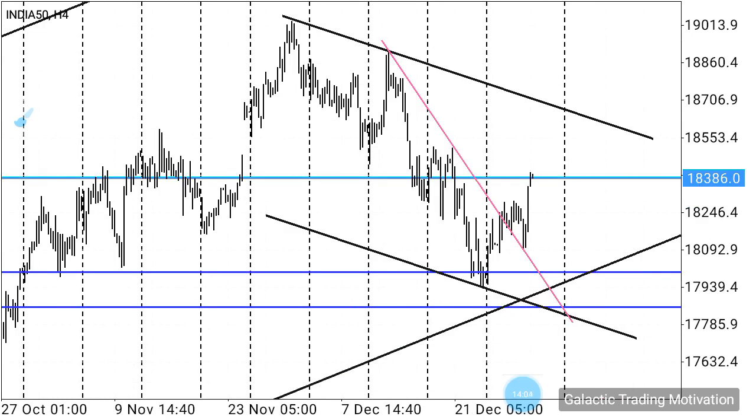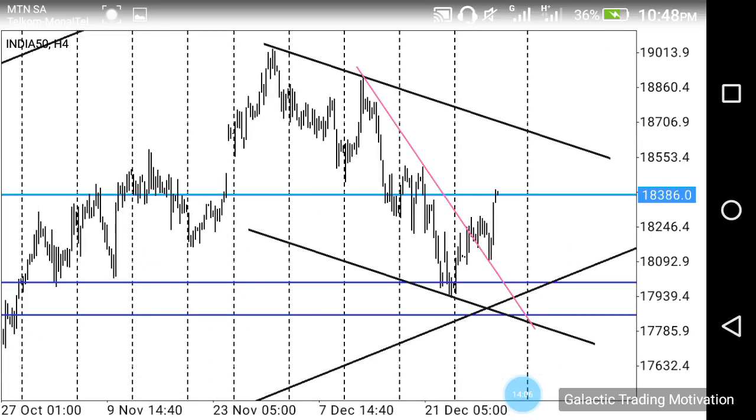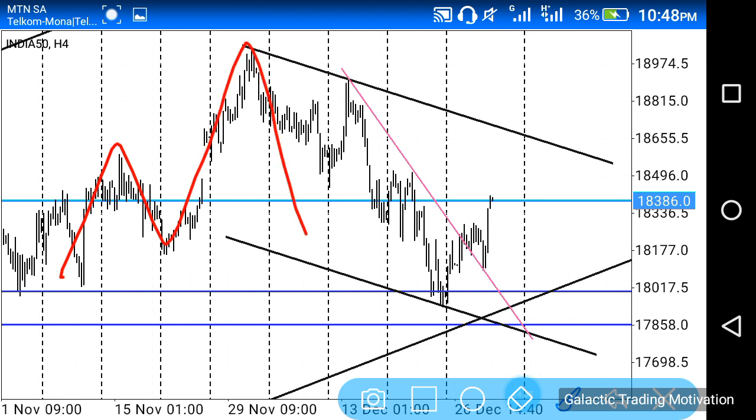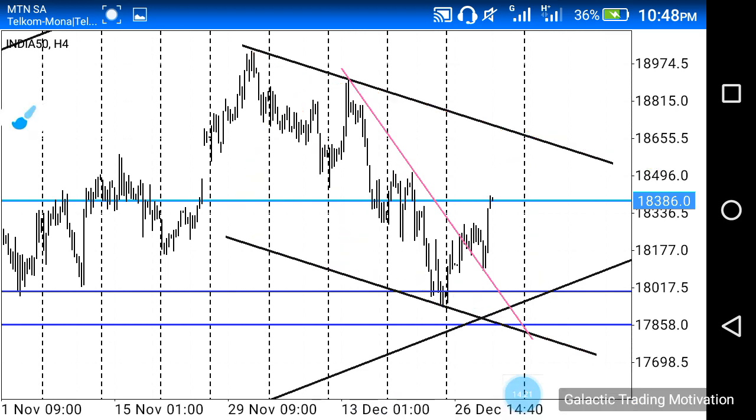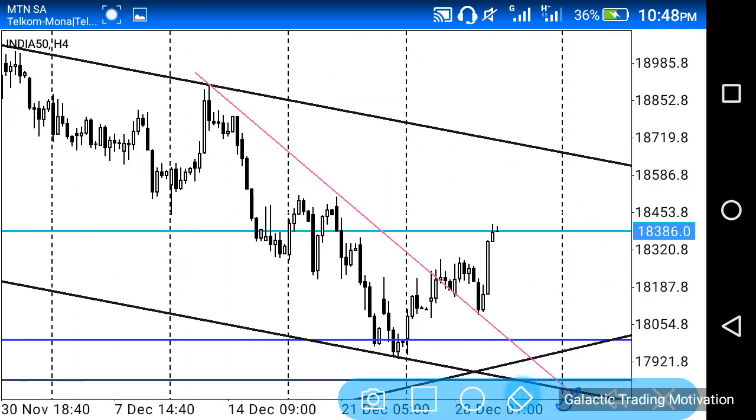So guys, just to recap, remember I said we have this pattern over here, which is a head and shoulders pattern, which has a neckline at that point, right? And I also said that in regards to the H4 chart, we can see that it's in a downward trajectory, right? However, I also spoke about the fact that we have this pattern over here, which is an inverted head and shoulders pattern, right?